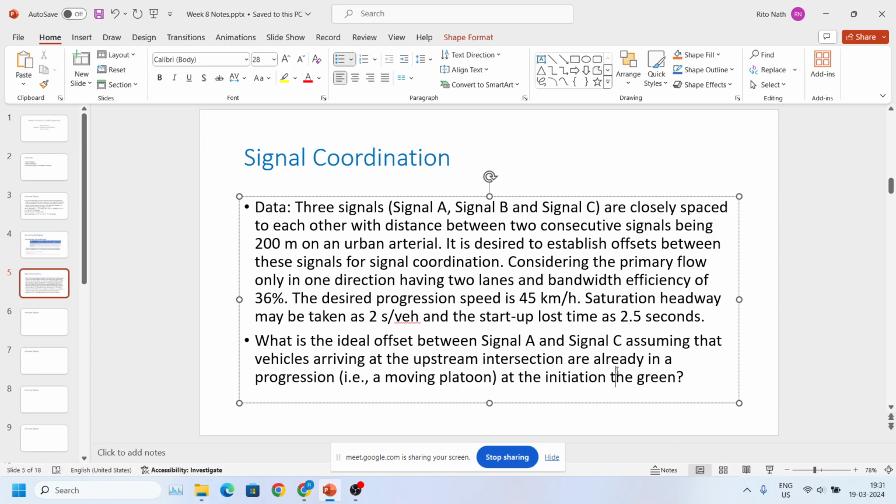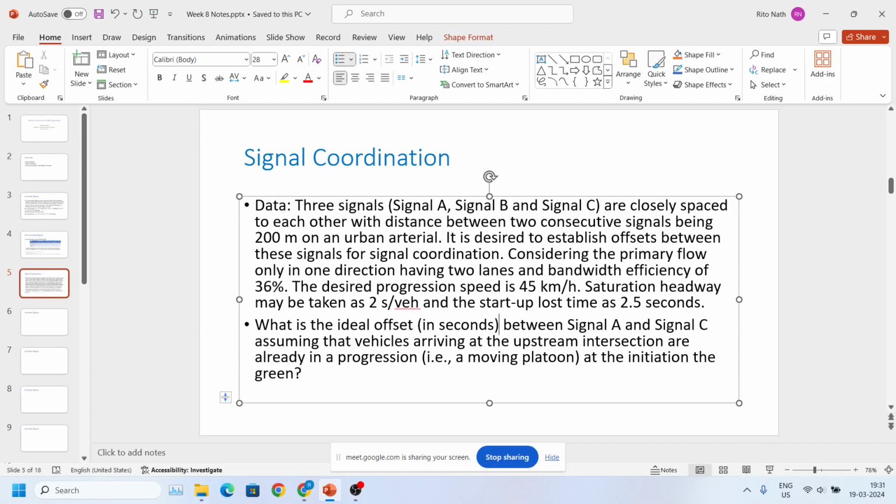Then you have the progression speed, given as 45 km per h, from which you can find the ideal offset between those signals. This offset value is in seconds. You don't need all the data for this problem. I'll solve it in the next slide. Maybe you can take a picture and try to solve it.